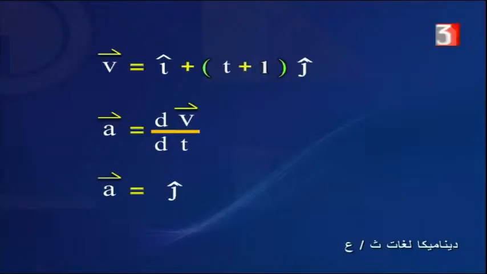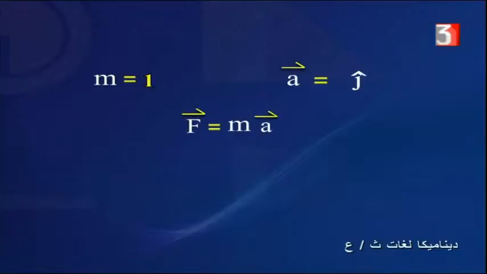Then vector a equals vector j. Since the mass of the body equals 1 and the acceleration equals j, we know that vector F equals m multiplied by vector a, Newton's second law. This form is used if the mass of the body is constant.